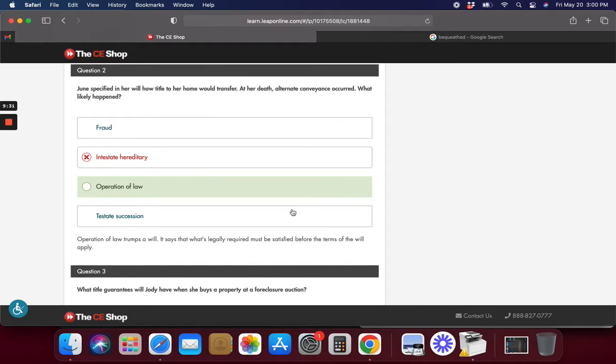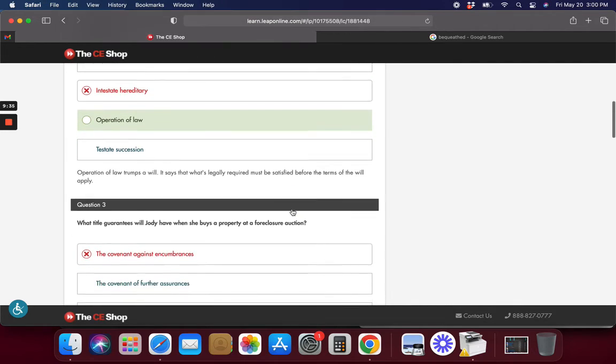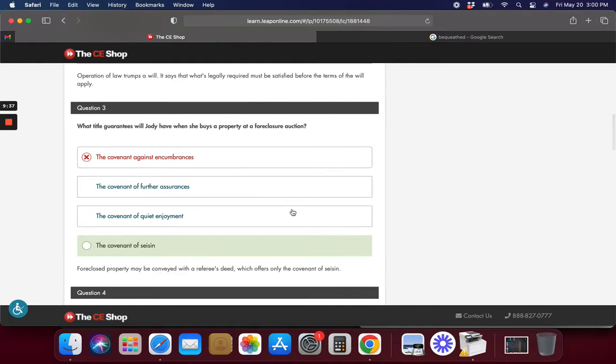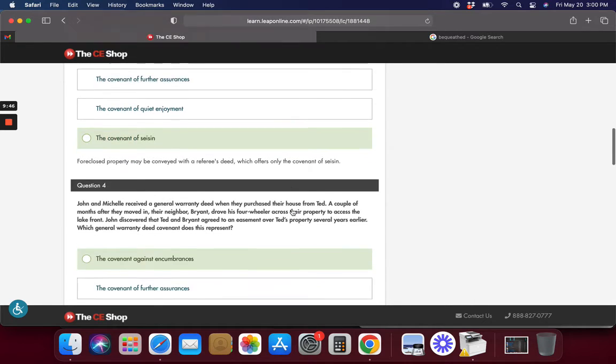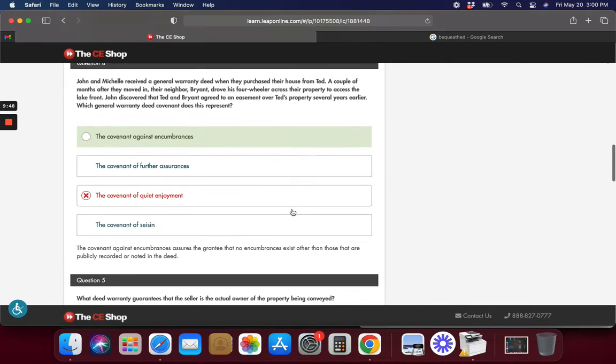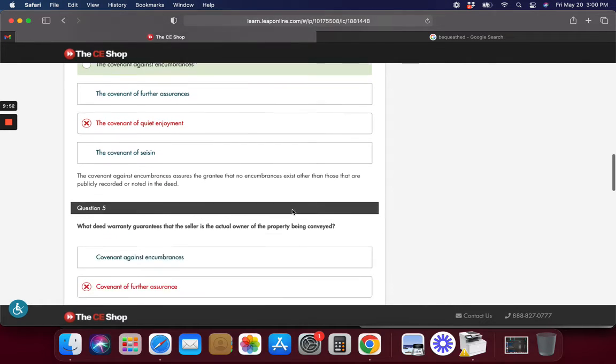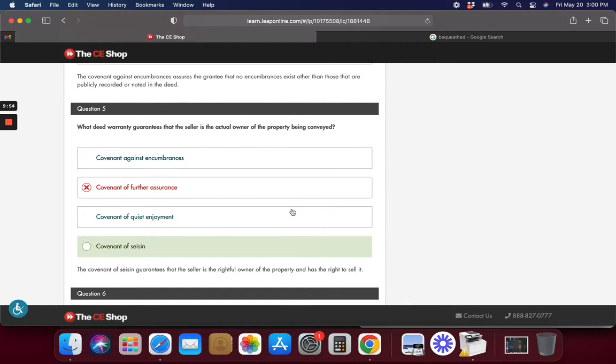Oh gosh. All right. Don't remember that at all. The covenant of seisin is the foreclosure auction. What title guaranteed? Okay. Covenant against encumbrances. And this one's covenant of seisin again.